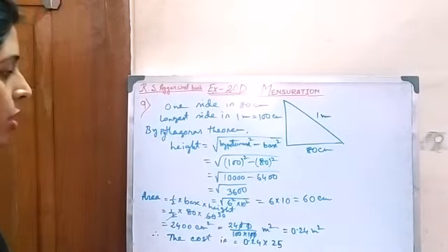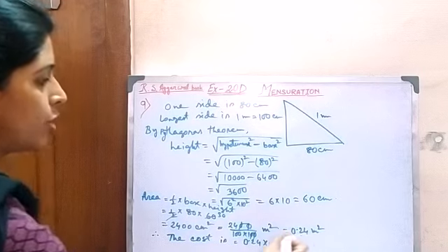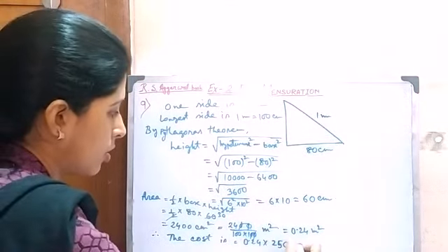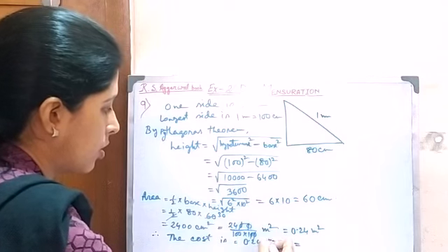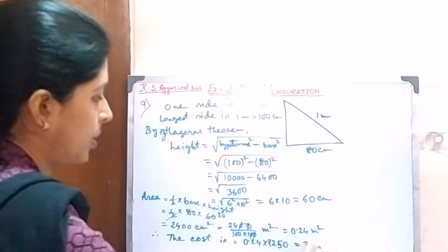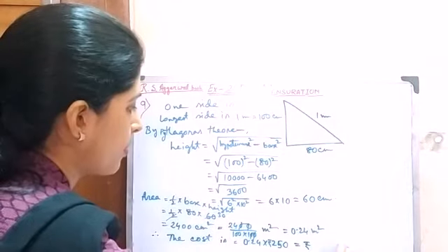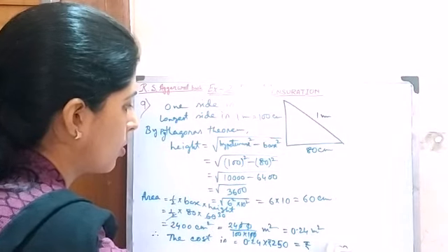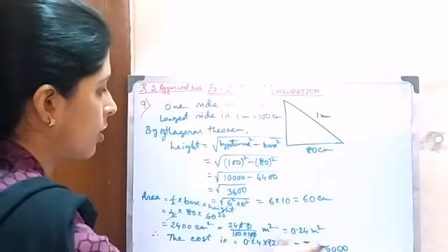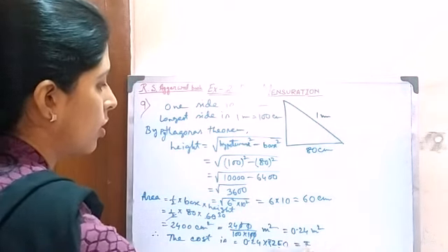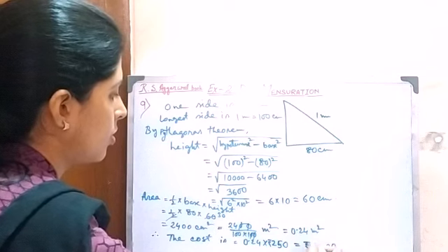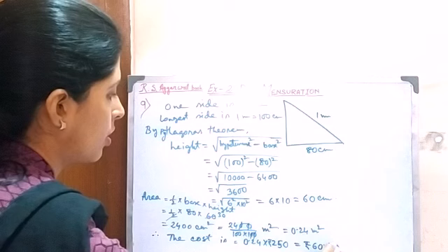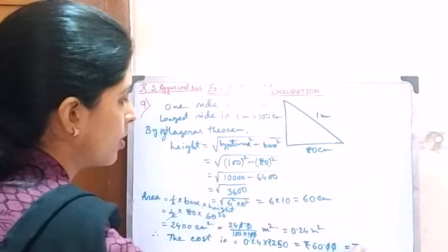Because 1 meter square costs 250, then how much does 0.24 meter square cost? Rupees 60. 2 digits before the point. So rupees 60.